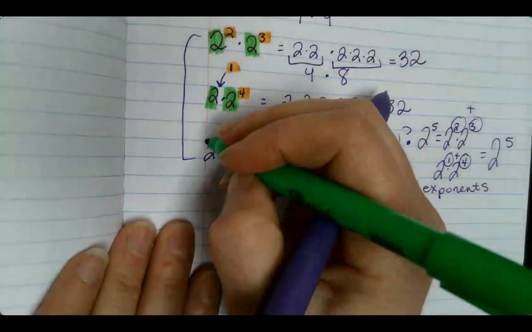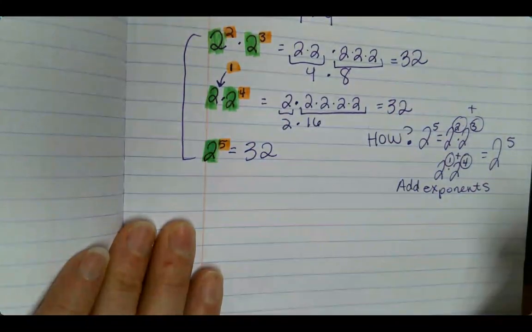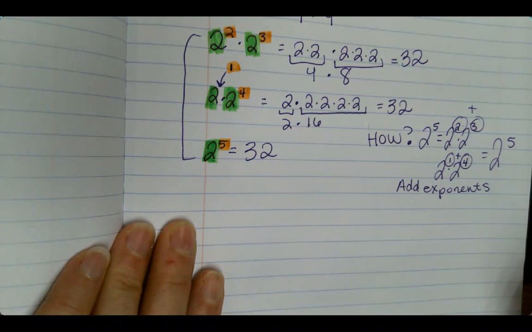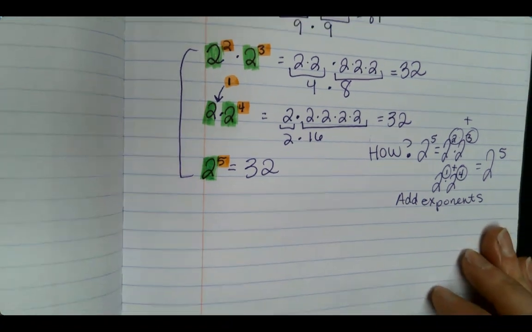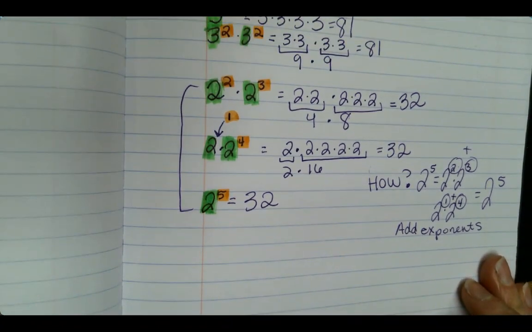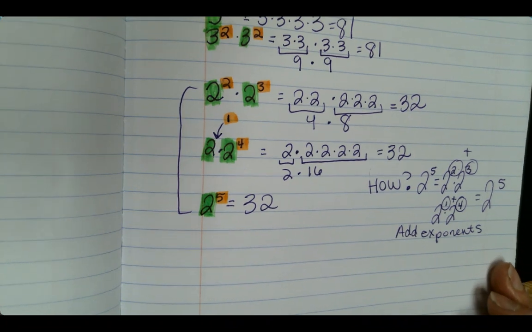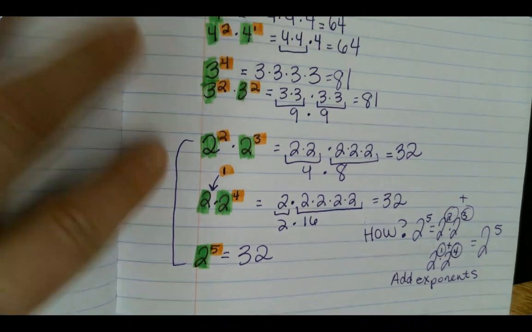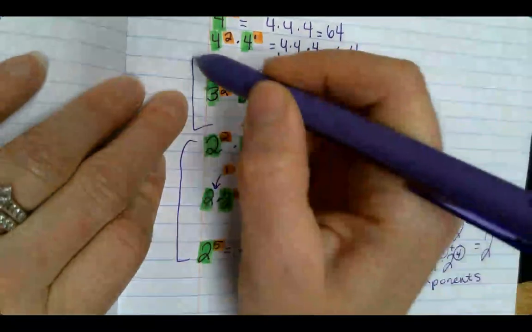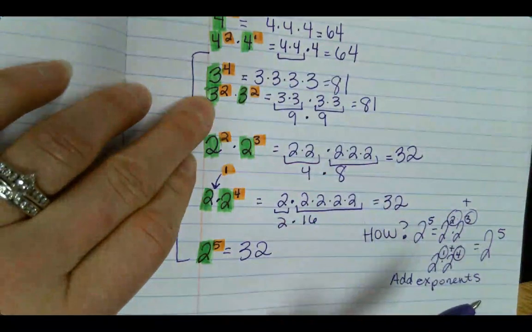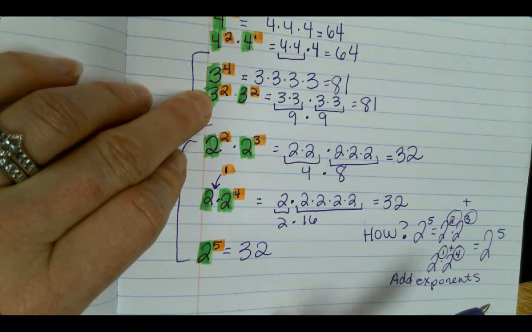I'm going to highlight these. Let's look at these real quick. 3 to the 4 is the same thing as 3 squared times 3 squared.